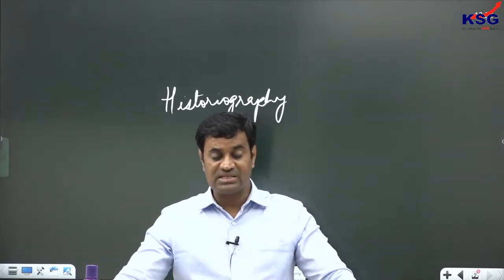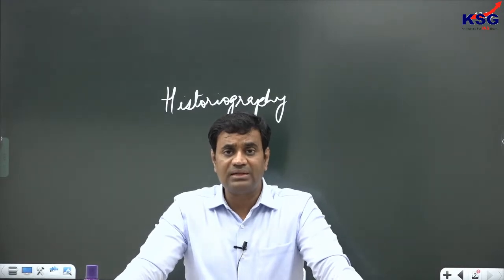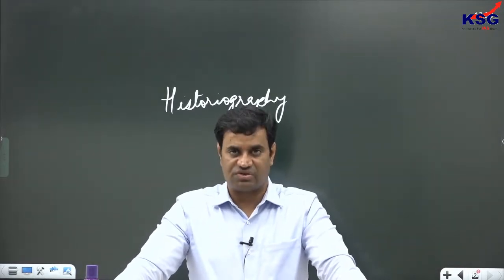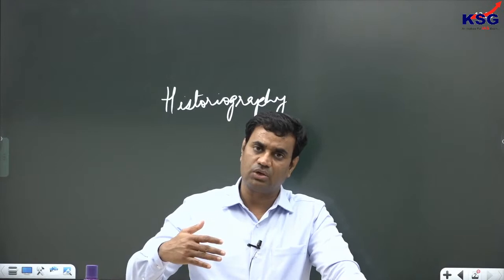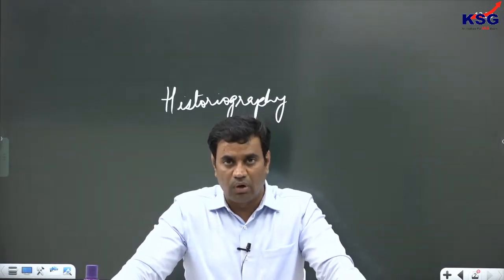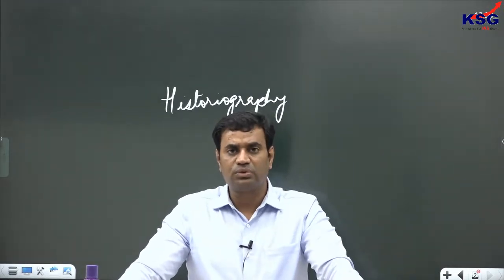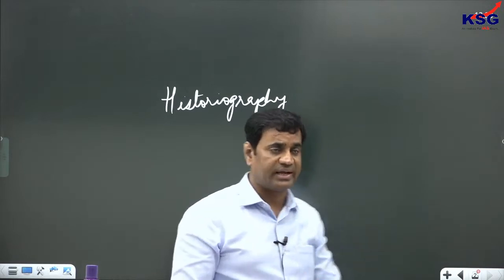Now, the question: please tell us about historiography. Historiography means the method and the process of writing history. It's a process and method of how to write history, because writing history is a scientific work that shifts from phase to phase, clear. To write history, there are two things to be taken care of.